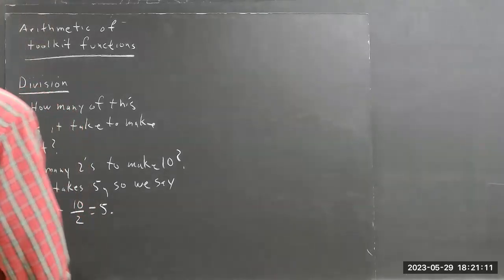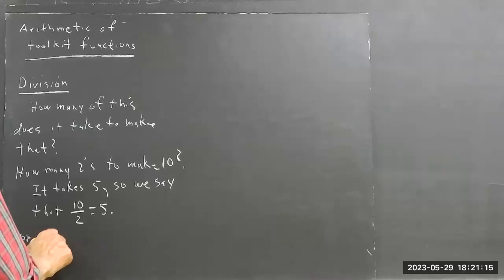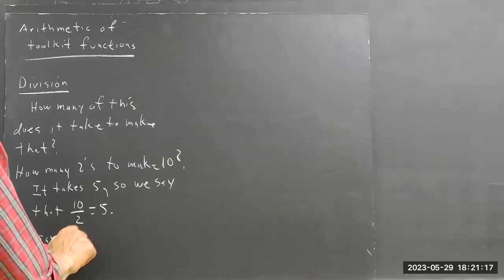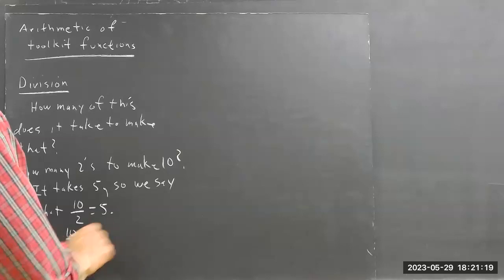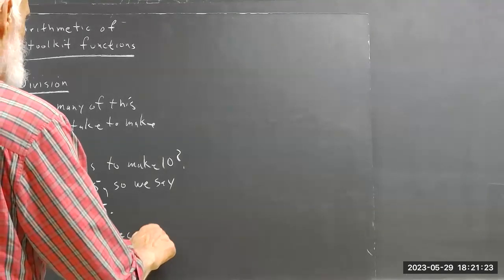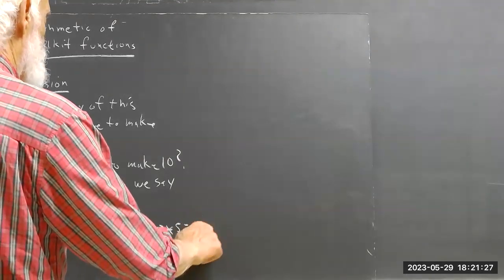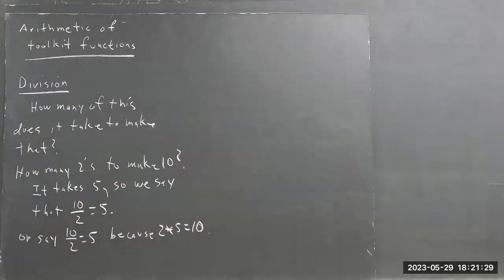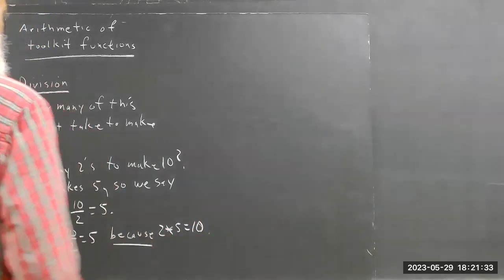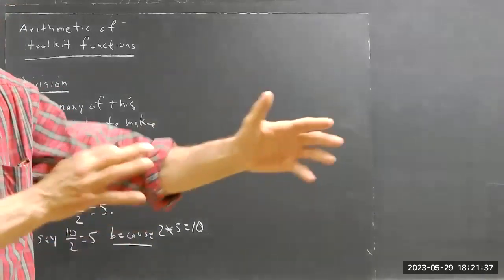We could also say 10 divided by 2 equals 5 because 2 times 5 equals 10. Now, really, it's because 2, 4, 6, 8, 10.